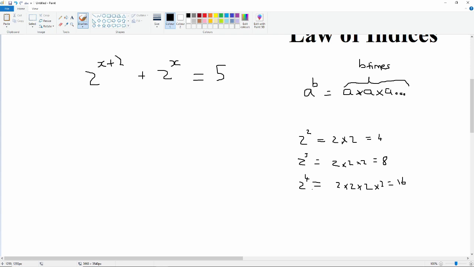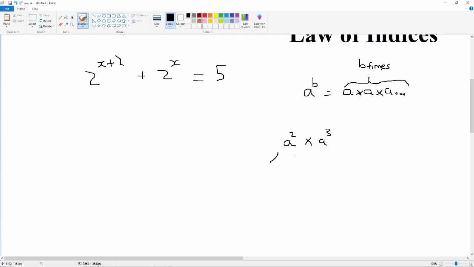Alright, so what we're doing here, if we multiply by the base, we're basically adding 1 to the index. So we start with 2 to the power 2, and we multiply by 2, we get 2 to the power 3, which is 2 plus 1. Now we could generalize this a bit further, and let's say we've got a raised to the power 2, and we want to multiply this by a cubed. Well, that's equal to a times a, which is a squared, or a to the power 2.